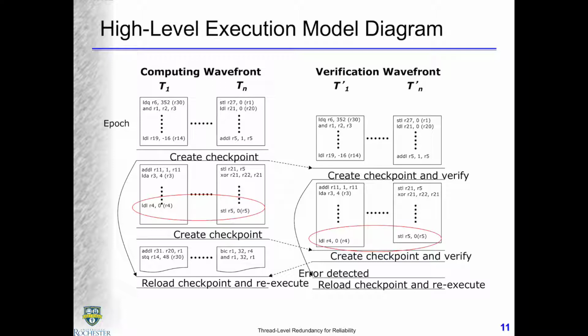One loads from a memory location, and let's assume this memory location, 0 offset of register R4, happens to be the same as that on another thread in the wavefront. Notice the difference in the execution order in the compute wavefront and the verification wavefront, assuming the vertical position somehow indicates the timing.